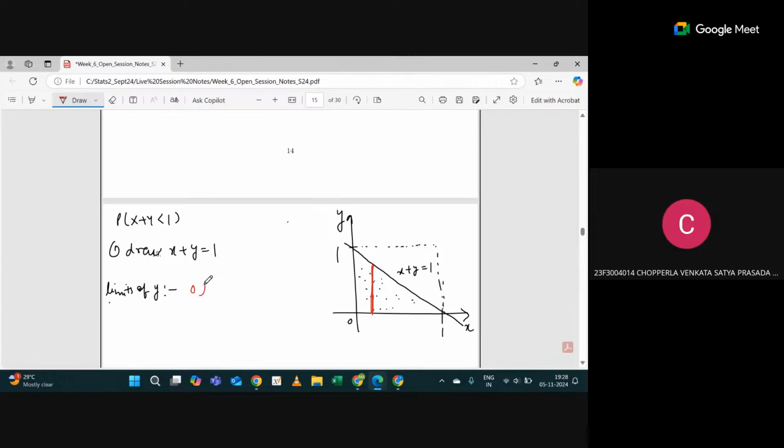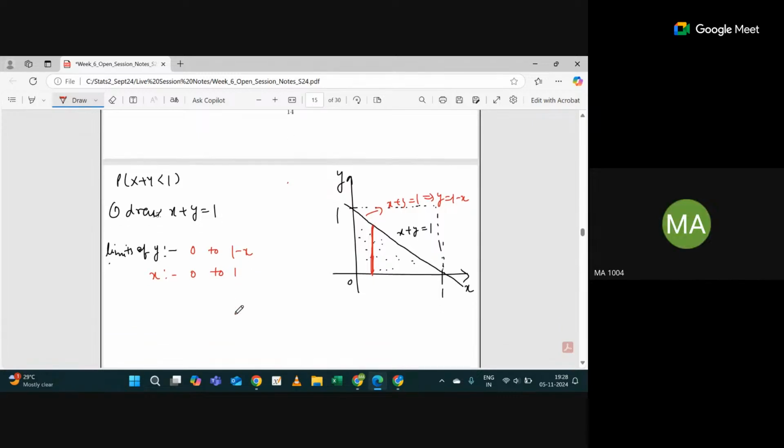The limit of y will be 0 to, and this line is x plus y equal to 1, so y will be 1 minus x. Everyone is getting this part? All right, see, this line is x plus y equal to 1. Then the value of y will be 1 minus x. Okay. And what will be the limit of x? Again, 0 to 1 only.